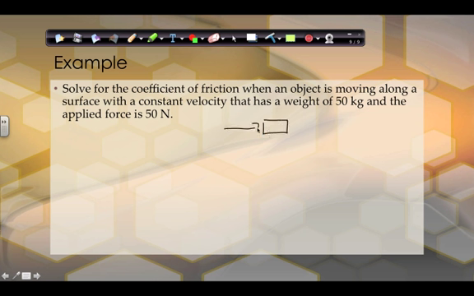I have a force applied, pushing the object, and that is 50. And then I know that there is a force of friction that's opposing it. So I'm looking for the coefficient. I know that the force of friction is equal to this.